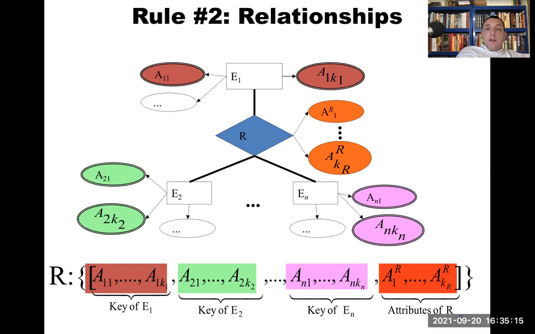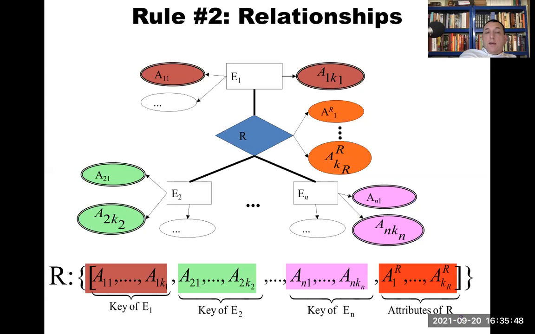Relationships are diamonds, may connect multiple entities. Anyway, and some entities may have multiple attributes as in complex keys. Let's say entity 1 has attributes from A11, A12, A13, and so on, to A1K1. The whole key for each entity go to table for the relation for relationship.